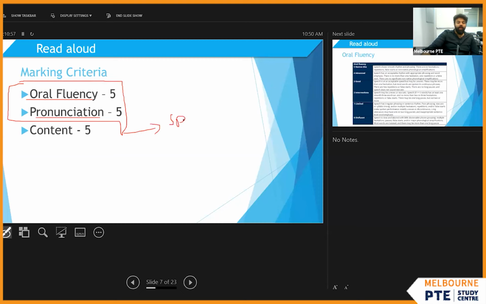They are your speaking marking criteria, and be it read aloud, describe image, any other speaking task, you will always be marked for these two. And here the content will actually go, you can say, towards your reading score.